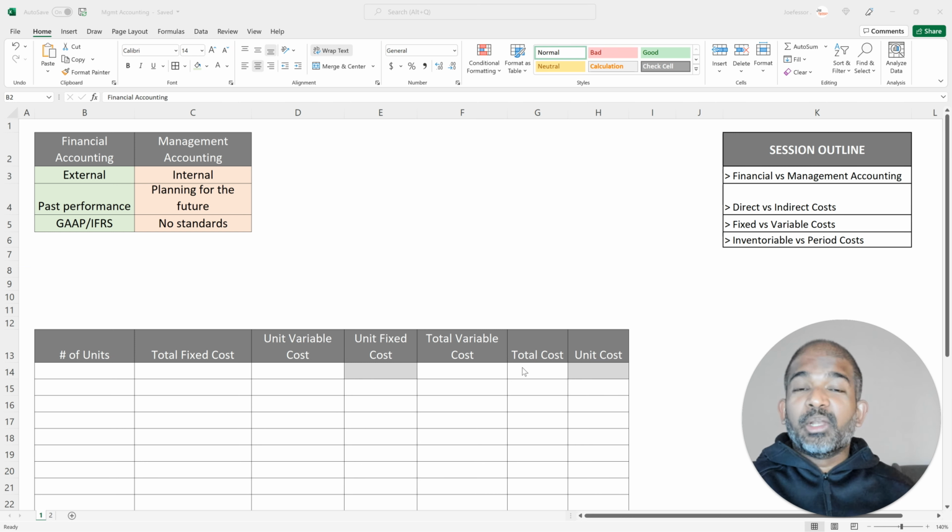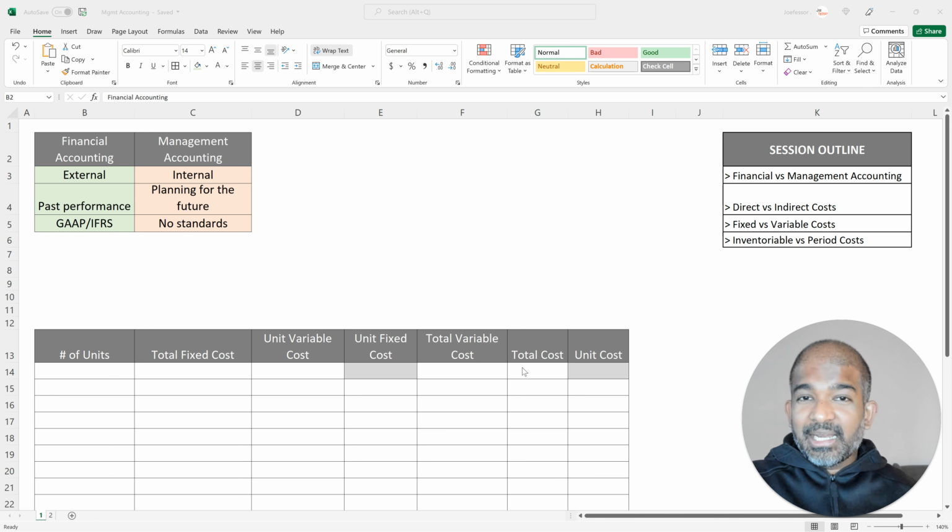So in a broader sense, what decides whether a particular cost can be classified as direct or indirect? First, it depends on the materiality of this cost. If a cost is highly insignificant or it's much harder to trace it directly to a particular product, then this cost is typically considered an indirect cost.